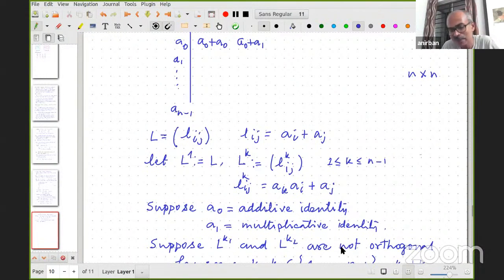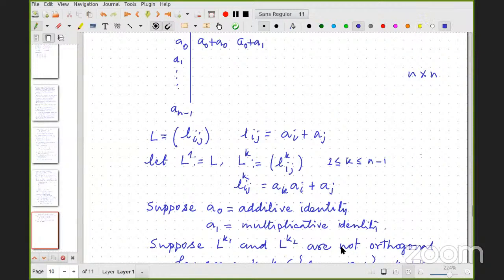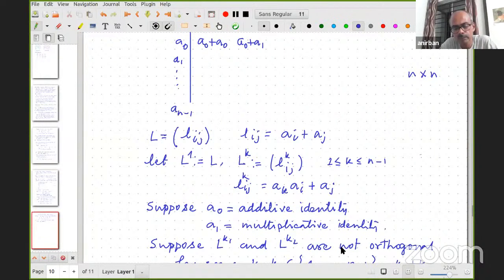If you write out the full set and change the operation, whatever is the kth entry here will be something else there, but the list will remain the same. Suppose we define some other letter, L dash or maybe M.